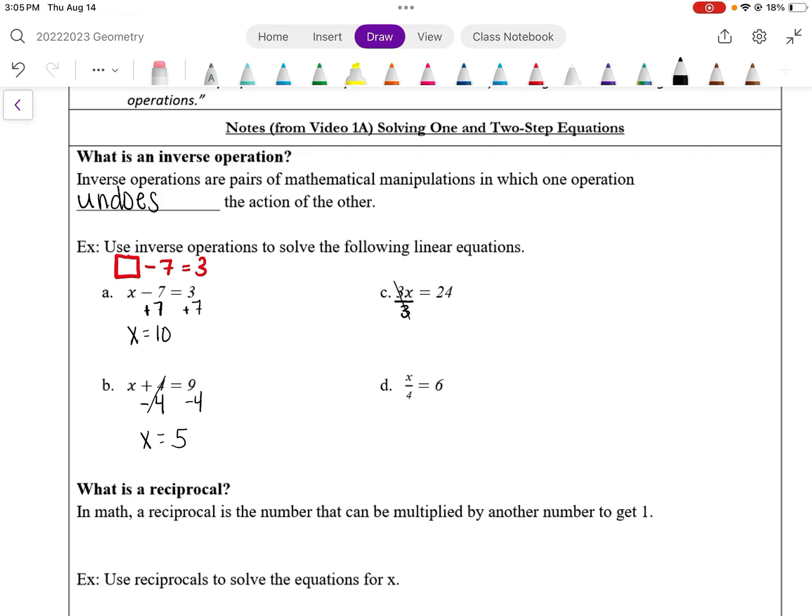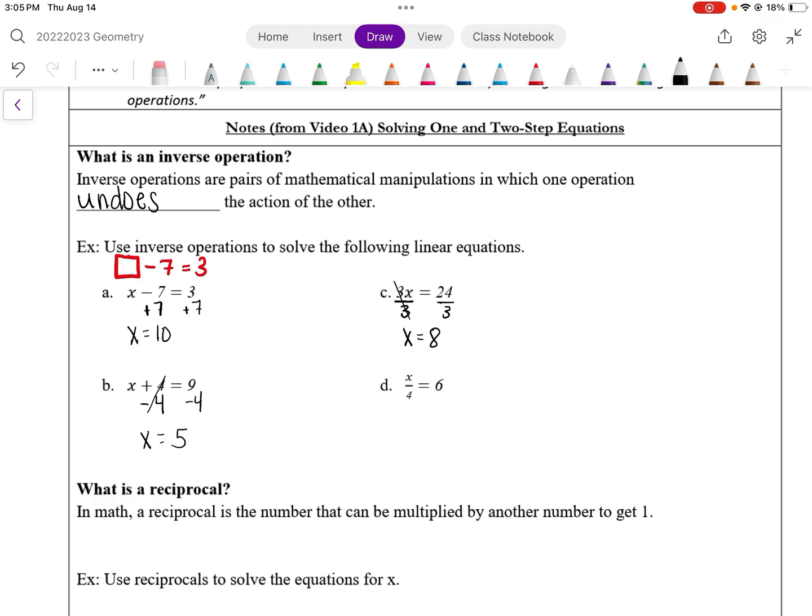So I'm dividing by 3. That cancels out. 3 divided by 3 is 1, so I just have 1x. And then I have to divide the other side by 3. x equals 8. And again, you can go back to the original equation. 3 times 8 does equal 24, so x has to be 8.